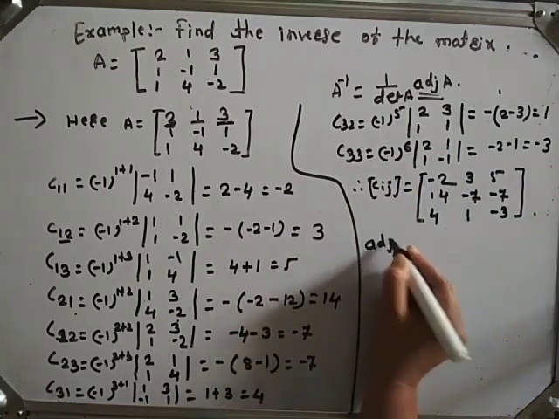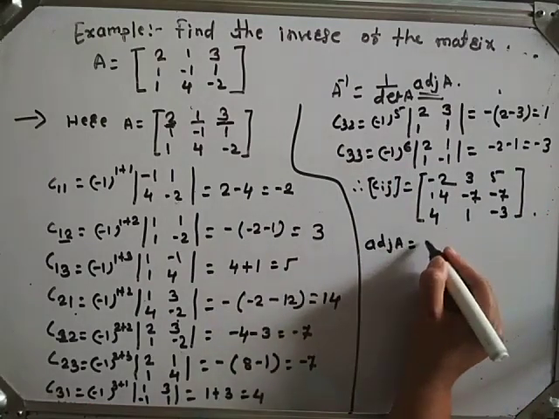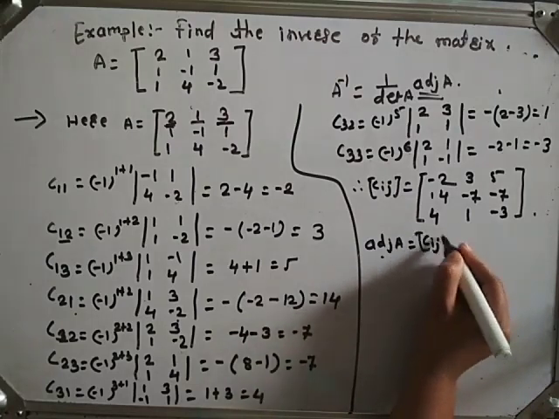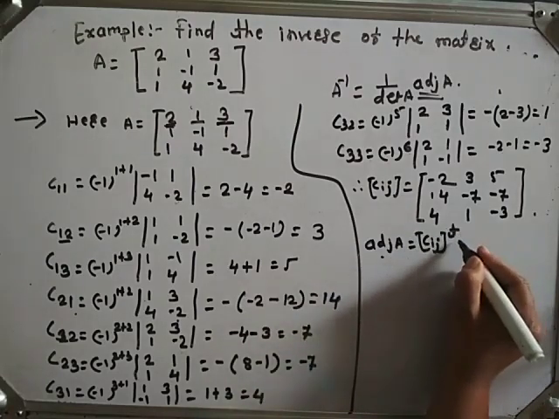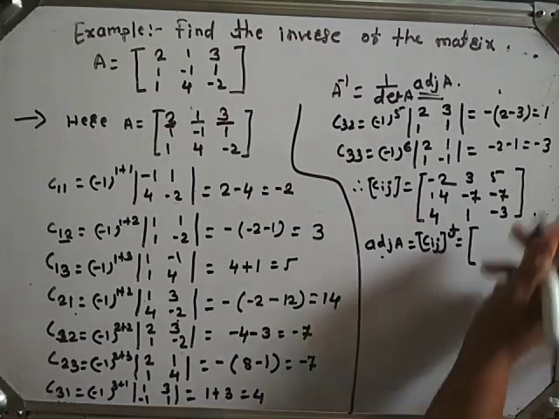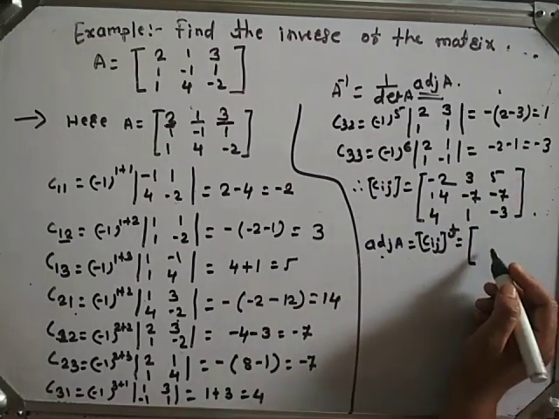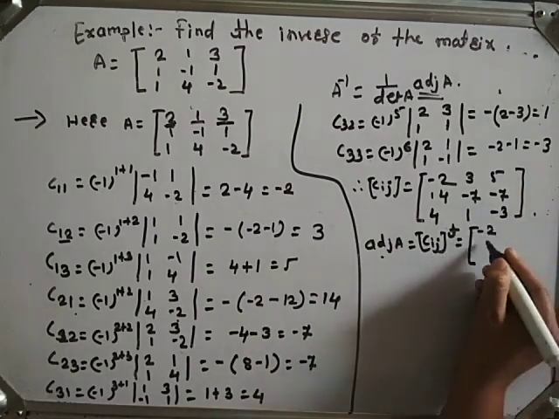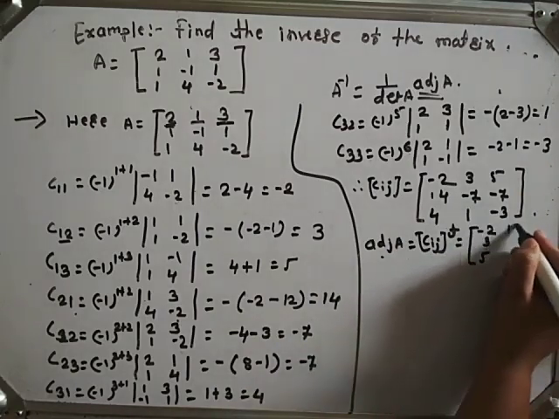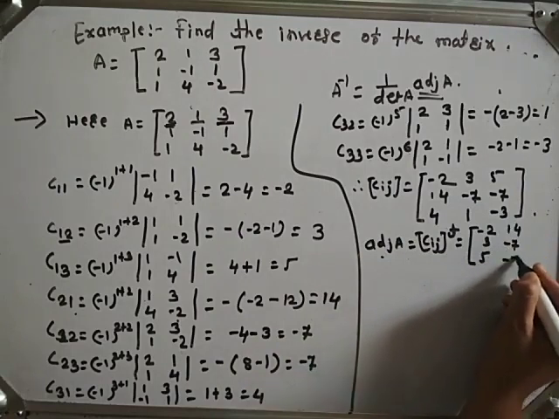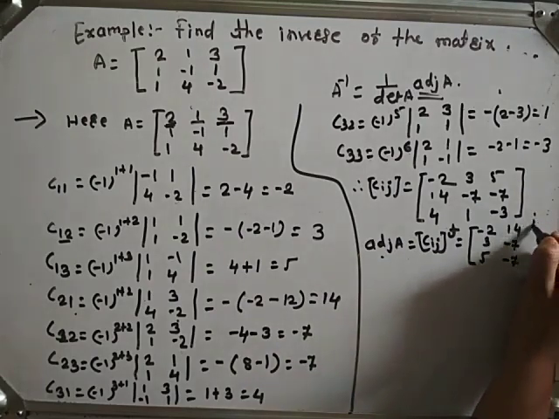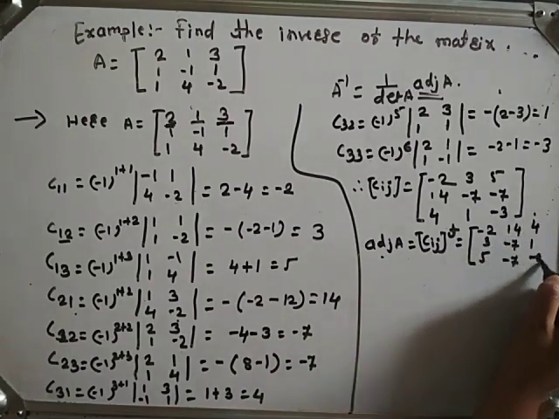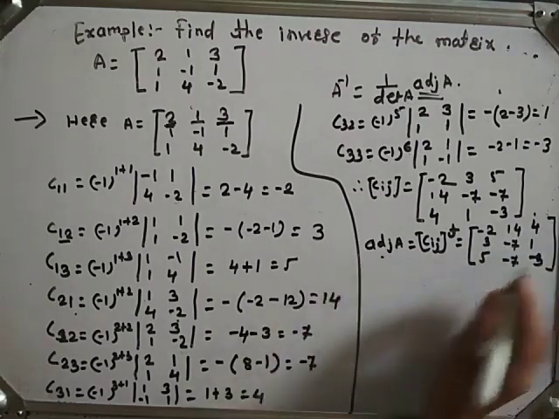Adjoint of A, as previously we have seen, is equals to matrix transpose of Cij. Take transpose of this matrix means interchange rows and columns. So minus 2 3 5, 14 minus 7 minus 7, 4 1 minus 3. This is adjoint of A.